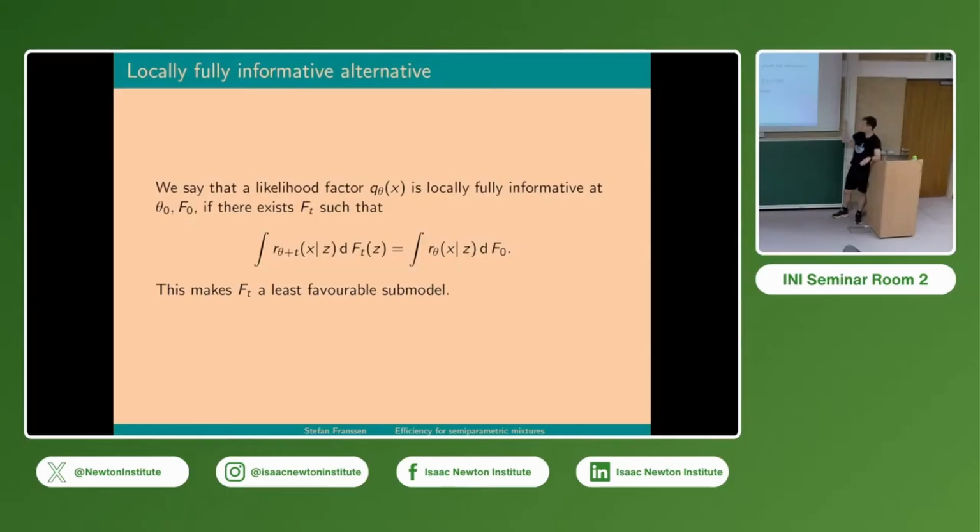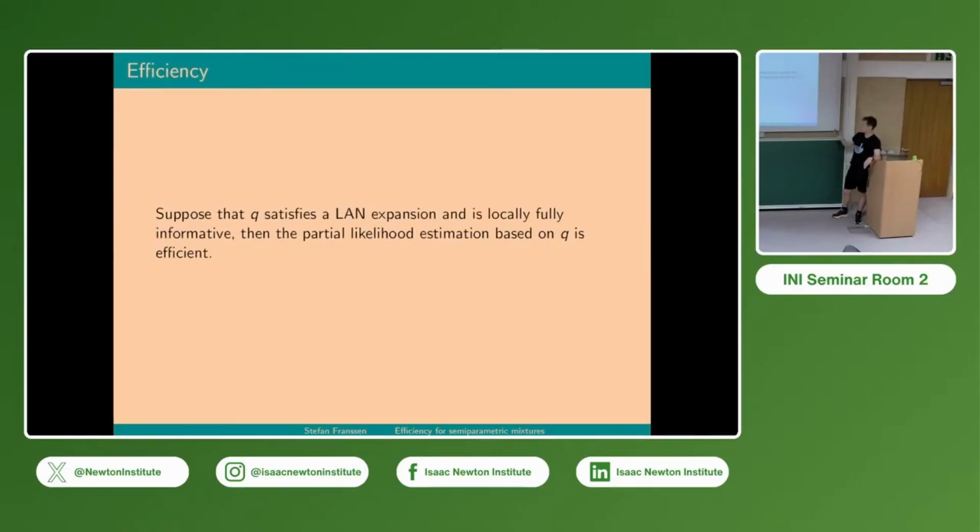And if this is the case, we call the model locally fully informative. And if the model is locally fully informative, then we can conclude that line expansion plus locally fully informative, the partial likelihood estimator is efficient. So we have achieved the best possible estimation.